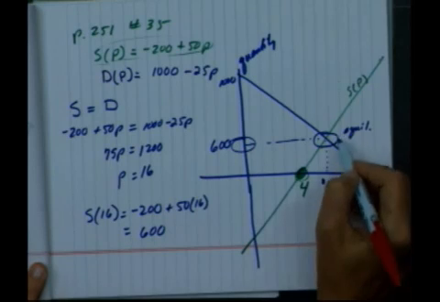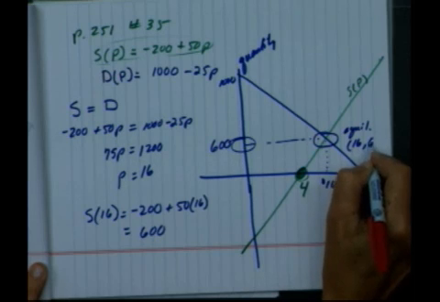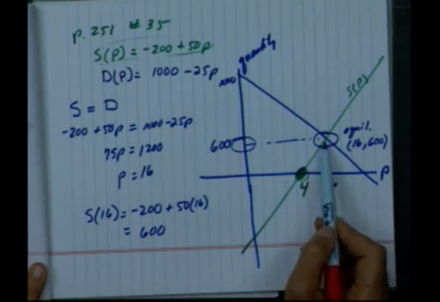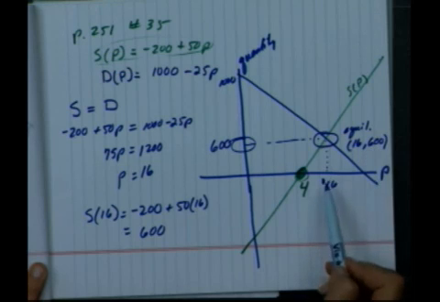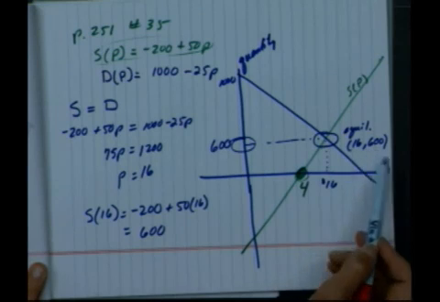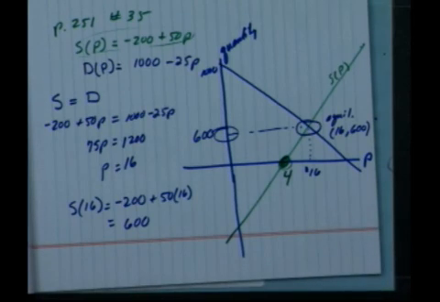So the equilibrium point here is (16, 600). That means when the price is $16, the producer is willing to supply 600, and when the price is $16, the consumer is willing to buy 600 of whatever this is. Okay? All right, so now let's go to B.